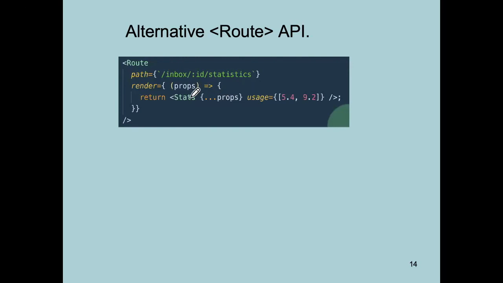We tend to do that as boilerplate, even though in many cases it won't actually need to access these props at all. But it's a default feature that we use with this alternative route entry.